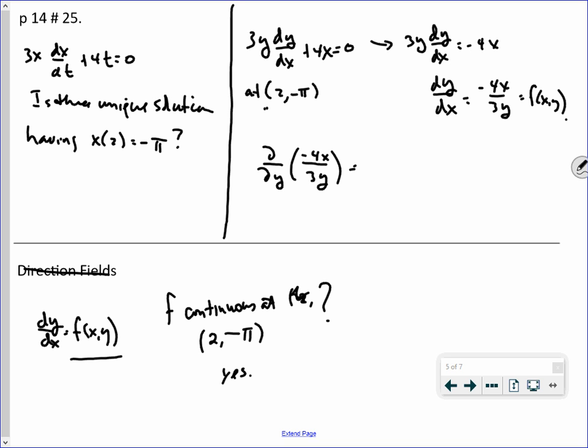I don't want to use the quotient rule. x and 4 are just constants as far as y is concerned. So it's just negative 4x over 3, since there's no y in that, that's just a constant. I'll bring that out. We just need to take the derivative of 1 over y.